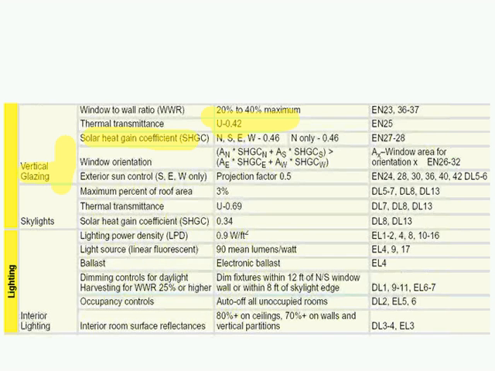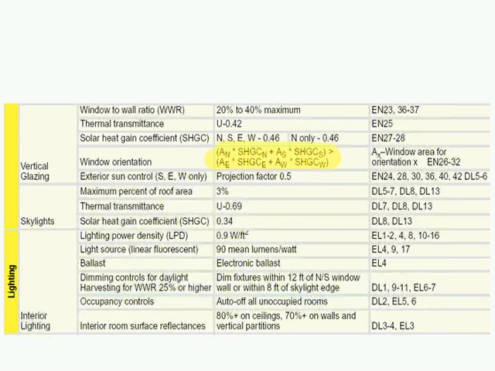This is a little bit of a confusing section here, this window orientation and this calculation that you see here. What this is really trying to talk to you about in this calculation is that you want more glass on the north side and south side of the building than you want on the east and west.